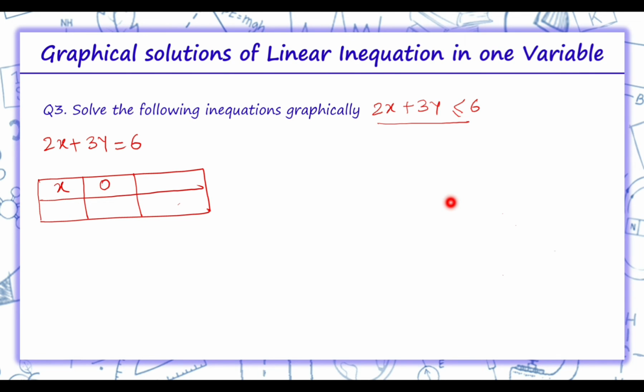If we take x as 0, we'll get y to be 2. Then we will take y as 0, so we'll get x to be 3. So the coordinates we are getting are 0, 2 and 3, 0. These coordinates we will plot in a graph.